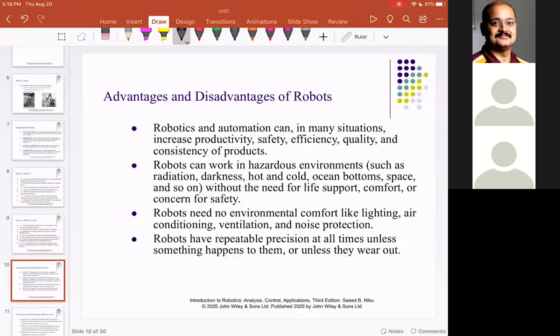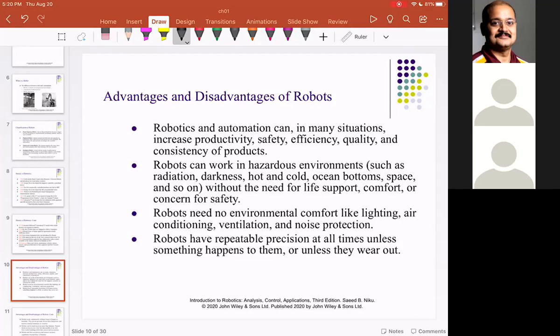What are the advantages and disadvantages of robots? The biggest advantage of robots is they can work in environments where humans cannot. For example, if the environment is hazardous, corrosive, or not safe for humans, you can have a robot do the job. If you want to inspect something that you suspect is dangerous for humans, you can send a robot with a camera, and then you can scan and map.